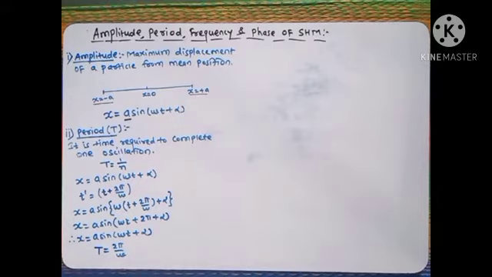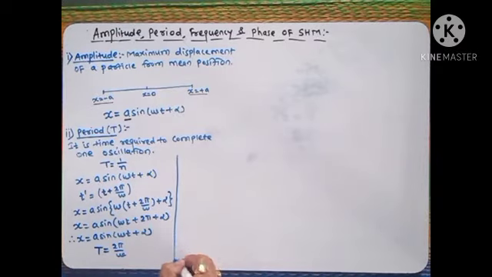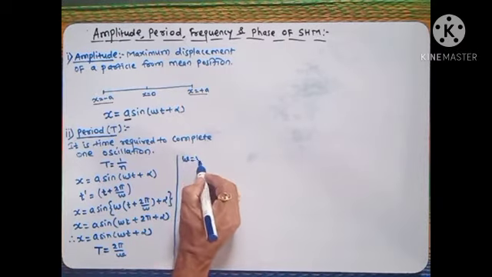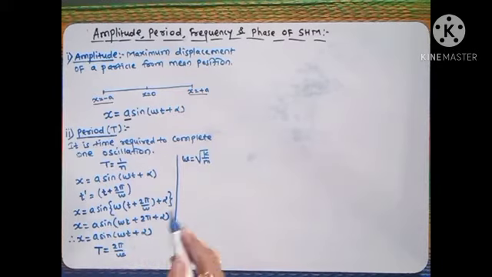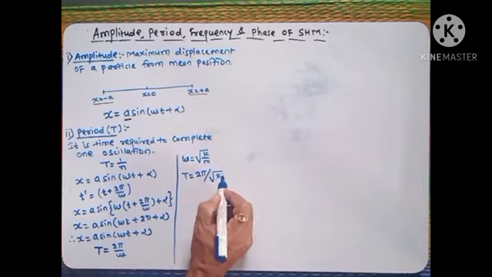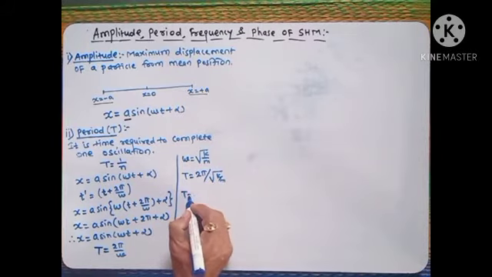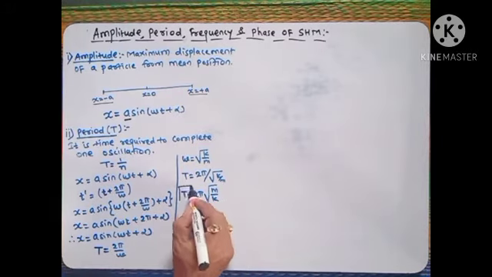This is the formula for period. Now here you know, suppose omega equal to root k by m, and if we put this value here, then we get T is equal to 2 pi upon root k by m, or T equal to 2 pi root m upon k. This is the new formula for period.